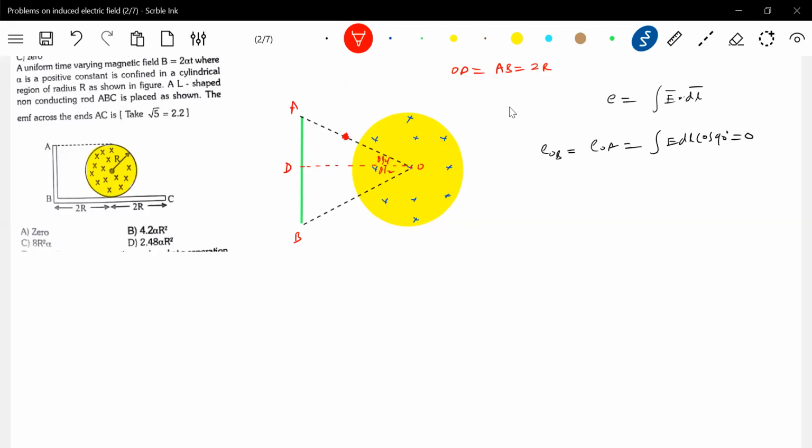So E bar will be directed in this way, then dL bar is directed in this way. Similarly inside also, this will be dL and E bar will be directed in this direction. I'll show it clearly here.